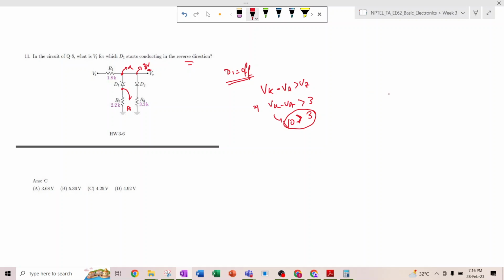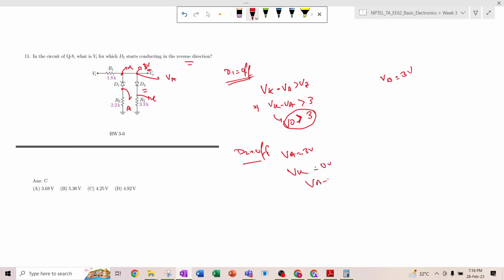So now what is the value of Vi? If VO is equal to 3 volt, then D2 also turns on. If we assume that D2 is off, then this anode terminal is 3 volt and this cathode terminal is 0 volt.